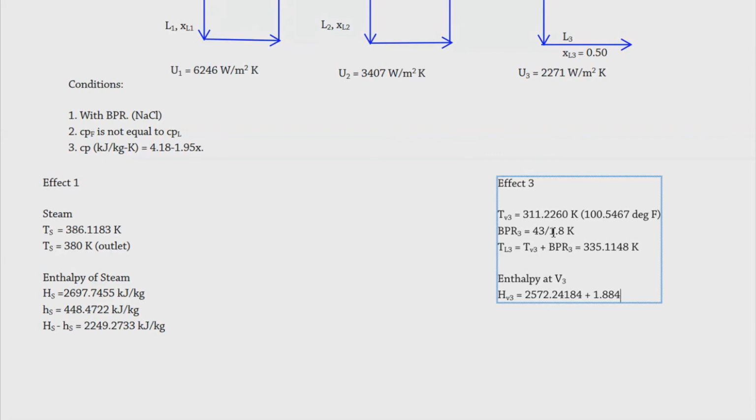So, ito yung parang specific heat capacity ng ating vapor. So, multiply this with the boiling point rise, which is 43 over 1.8. Okay? So, yun na yung ating HV sub 3. So, HV sub 3 is equal to 2617.2485. And the unit is kilojoule per kilogram.